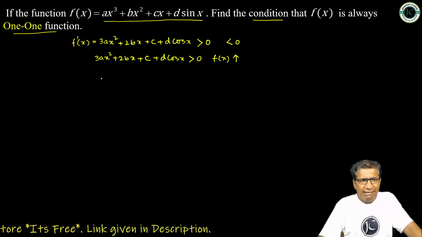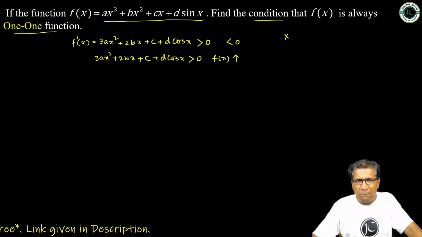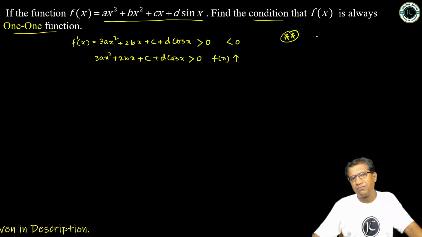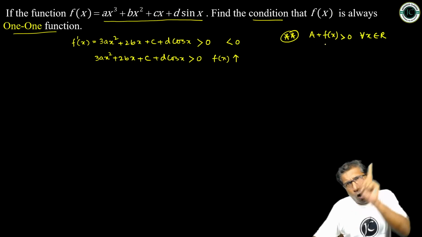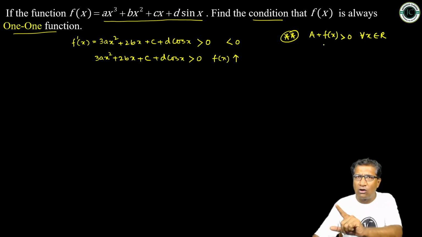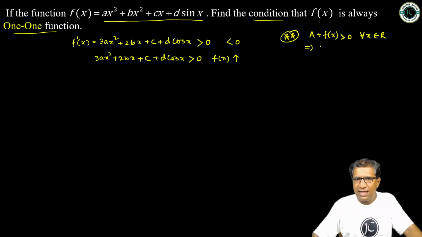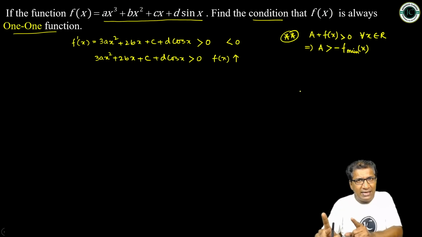So, in this case, remember a very, very important conclusion: when you find that a plus f(x) is greater than 0 for all x belongs to real value, then that implies that your a has to be greater than minus of the minimum value of the function f(x).